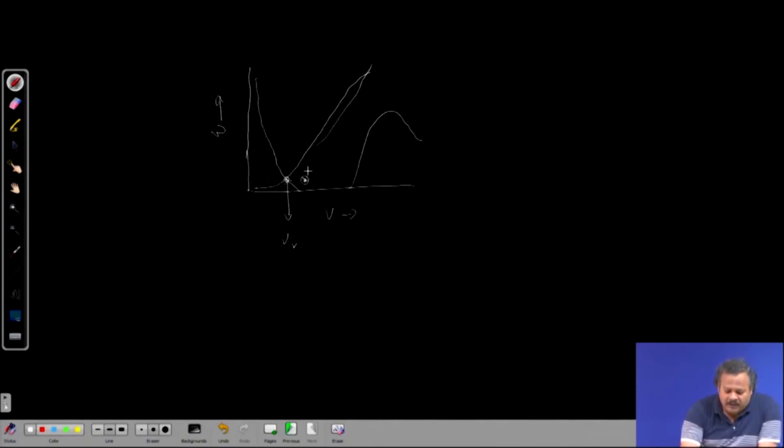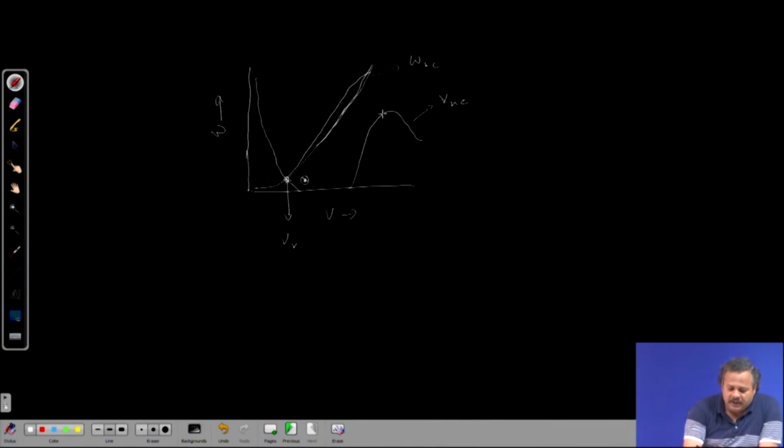You can do the simulations yourself and you will see. To guide us a little bit, let us think of this being the W nullcline and this being the V nullcline.